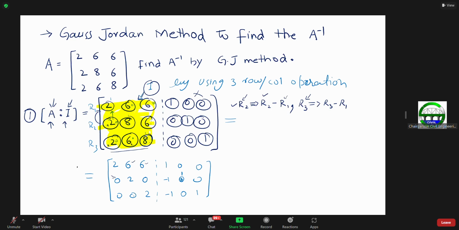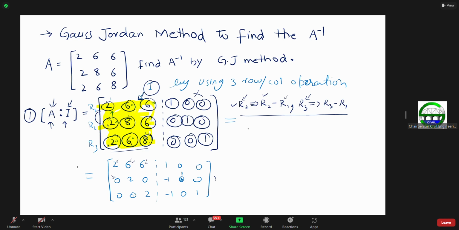Can anyone tell me? I want to either make it 0 or make it 1. So what are we going to do? I will apply another operation.